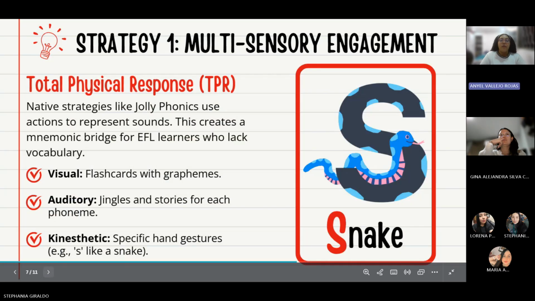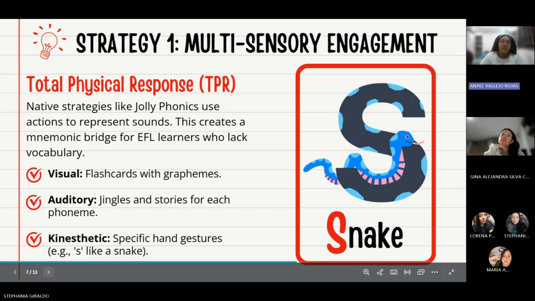Okay. And one useful strategy is multisensory engagement. Programs like Jolly Phonics combine movement, visuals, and sounds together. For example, children may imitate the snake movement while producing the S sound.